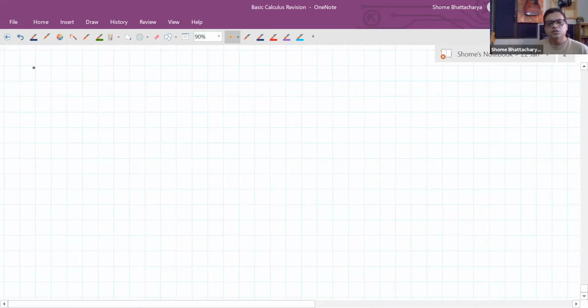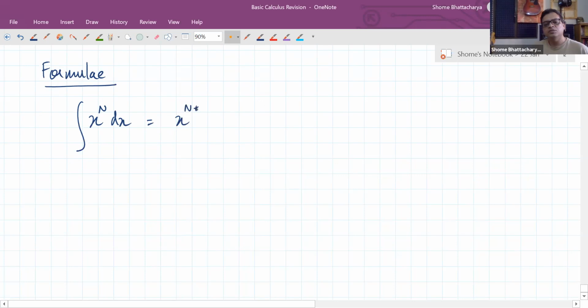Okay, so let's look at some of the formulae and properties for indefinite integration. So the first basic formula for any type of algebraic function is, if we are integrating x to the power some real number n with respect to x, okay, then the antiderivative is given by the formula x to the power n plus 1 upon n plus 1 plus c.